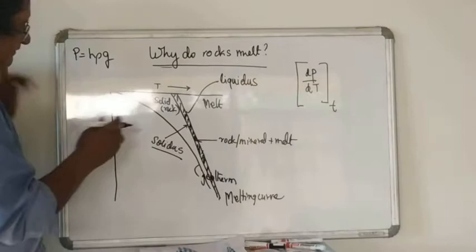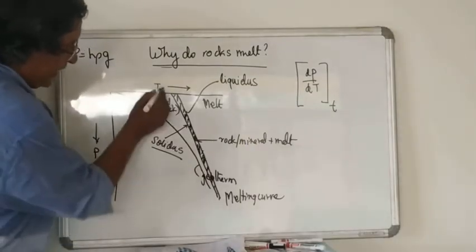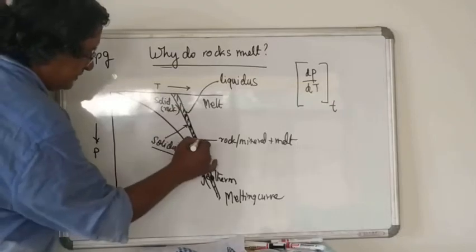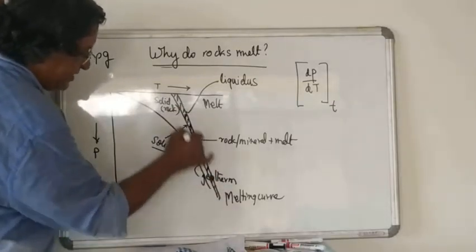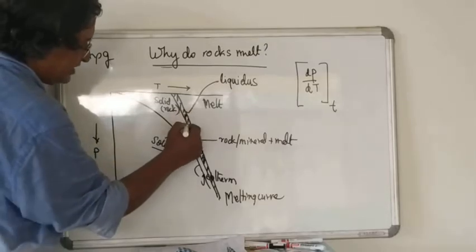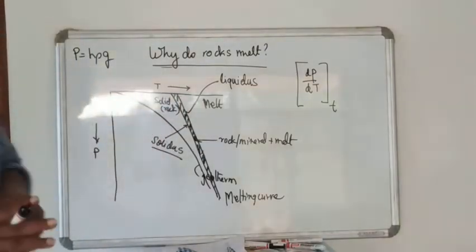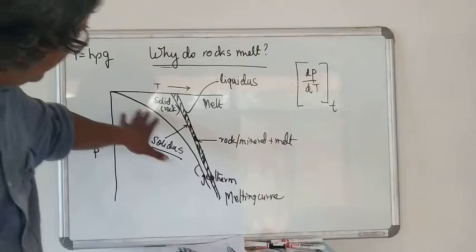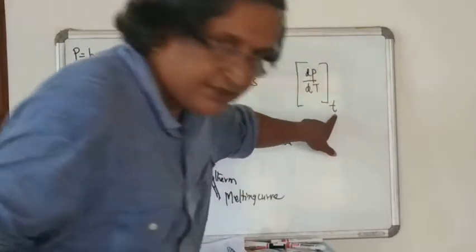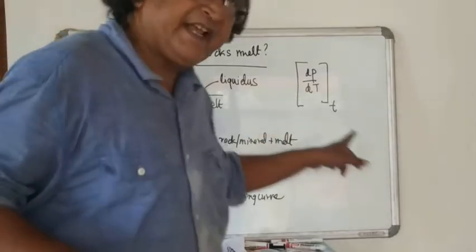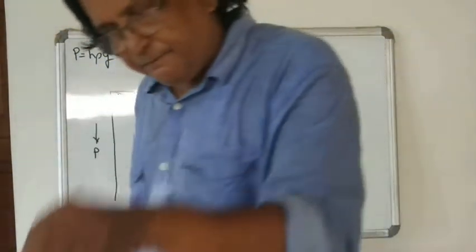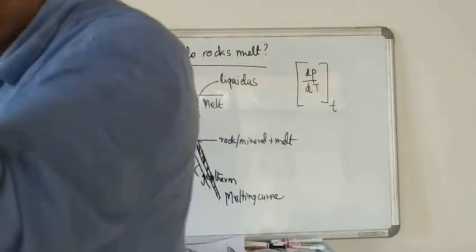So, we have the geotherm, we have the melting curve, and we have the solid plus melt band, and then you have melts. This line is the liquidus, this line is the solidus. And this is the geotherm, as we call it. It's an isochronous PT array of the changing temperatures with depth at a point in the earth.